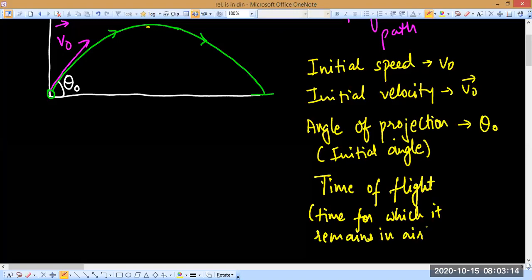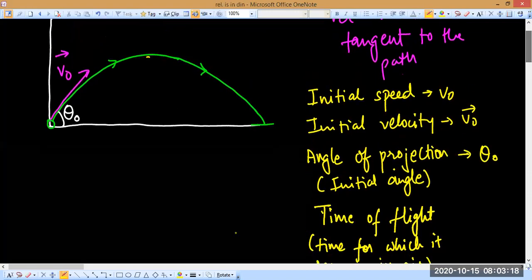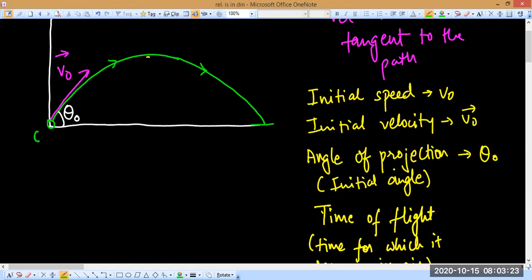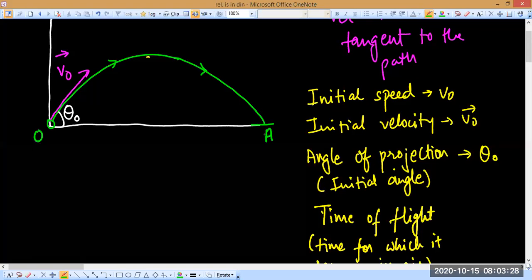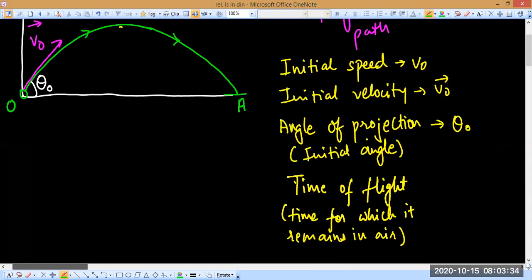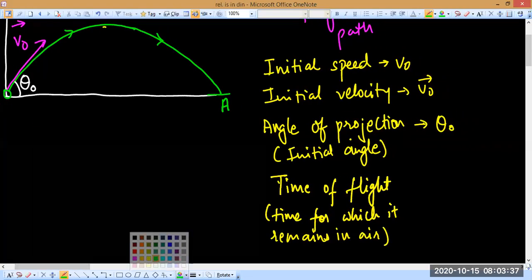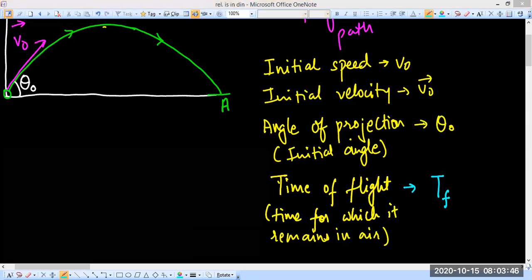So basically that means the time taken to go from, let's say, this point O to this point A. The time taken to go from O to A will be the time of flight. The symbol of time of flight is TF.